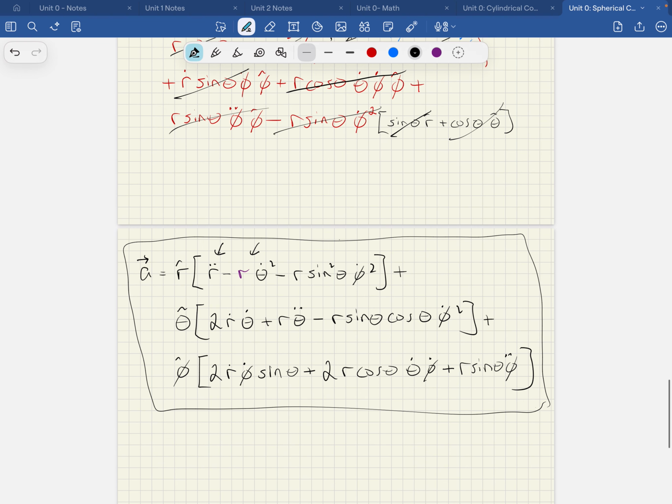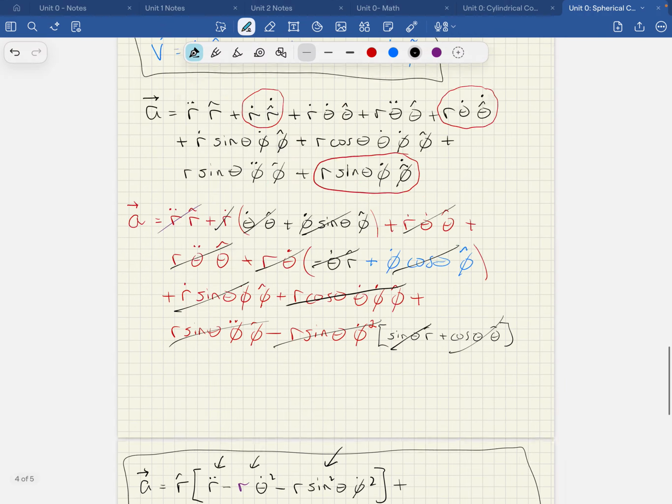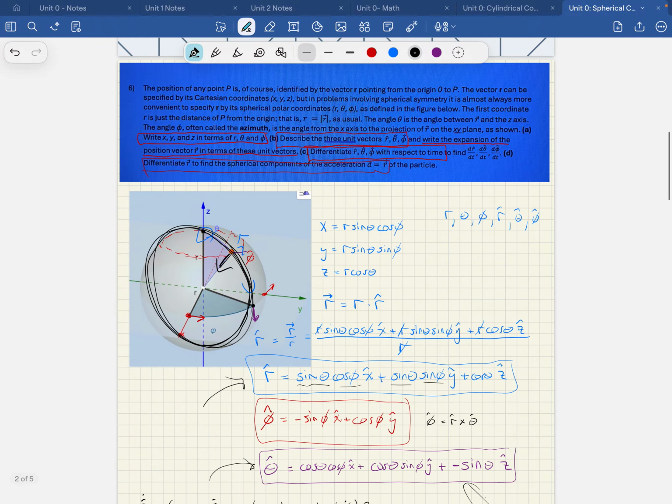Okay, this one is part of the centripetal acceleration, r omega squared, of the particle going around this circle. If the particle is going around this circle, there's an acceleration that points inward. And that acceleration might have an r component, a theta component, and a phi component. Let's see.